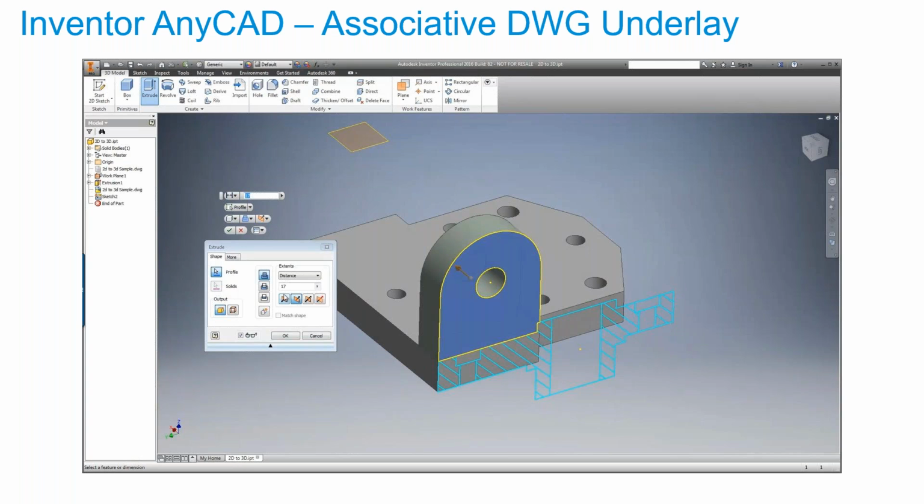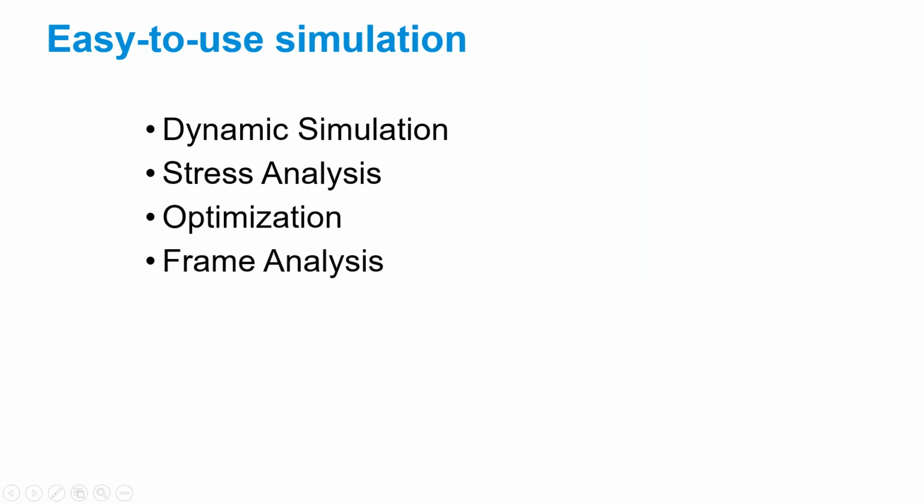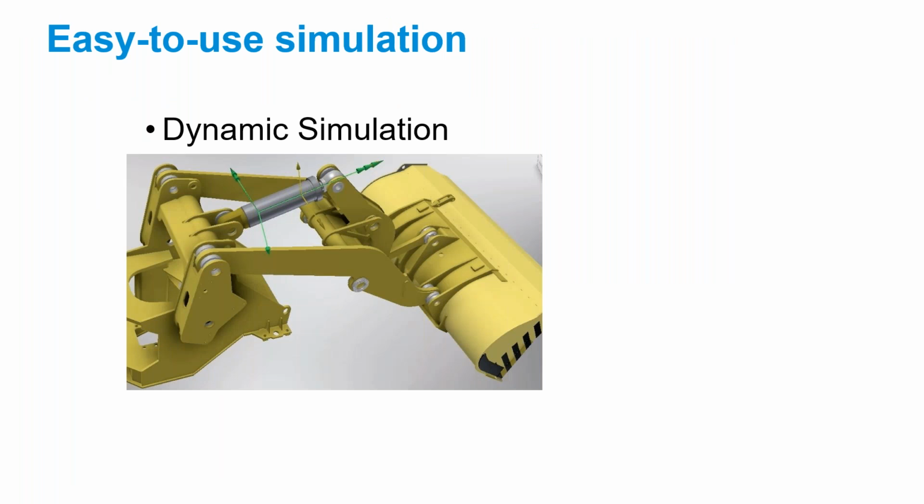So now the next important part of any workflow is, let's say we have our design ready. We also need to do at least some level of basic simulation to understand its behavior and its working.